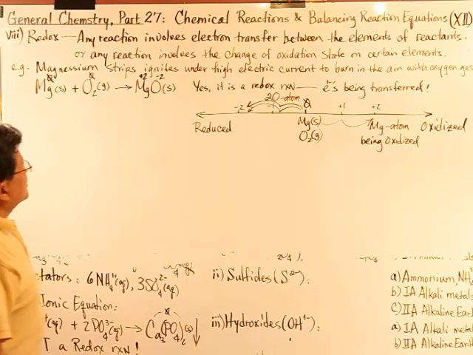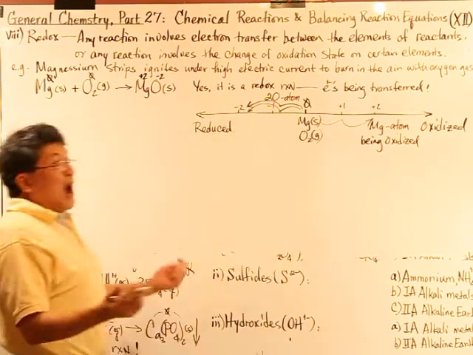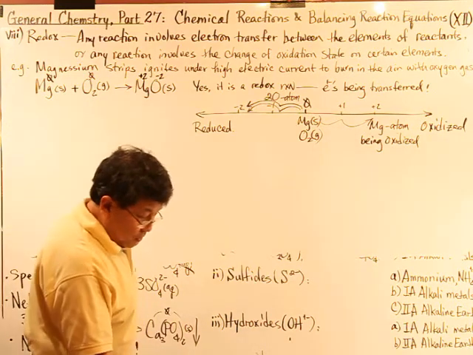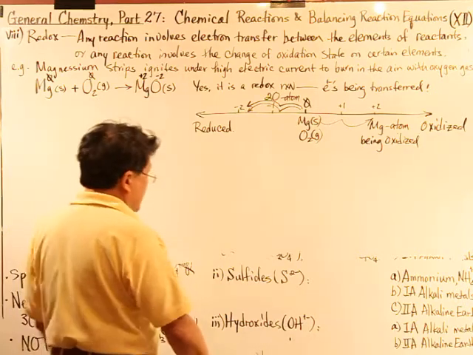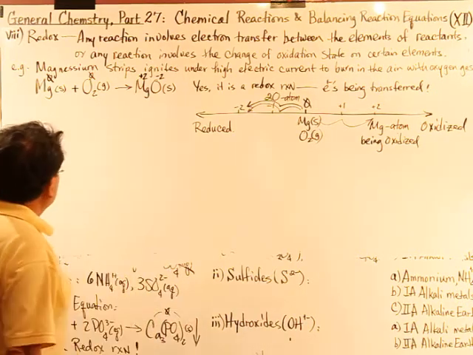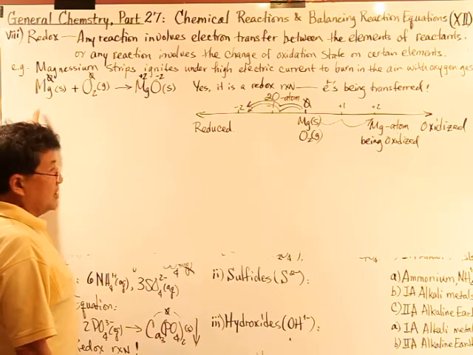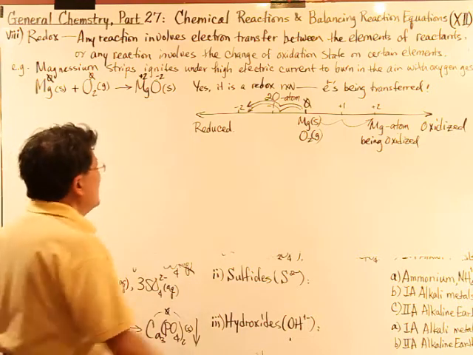Okay. So the total number of electrons the oxygen atoms require to change their oxidation state from 0 to minus 2 is going to be what? 4 electrons. Where do those 4 electrons come from, right? They come from 2 magnesium metals. So here it is not yet balanced.